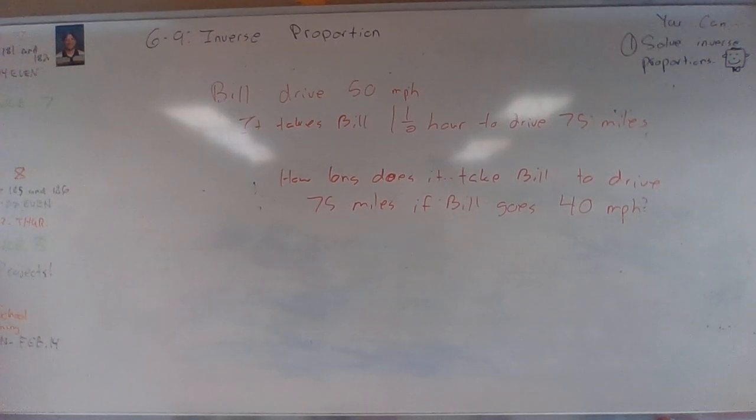Yeah, it's going to be greater, because obviously if you're driving slower, it's going to take you longer to drive the same 75 miles. So that should at least help you out in your mind when you're working through this. If you get a number that's less than 1.5, you can probably just use some common sense and go, this doesn't even make sense. I don't think this answer is right.